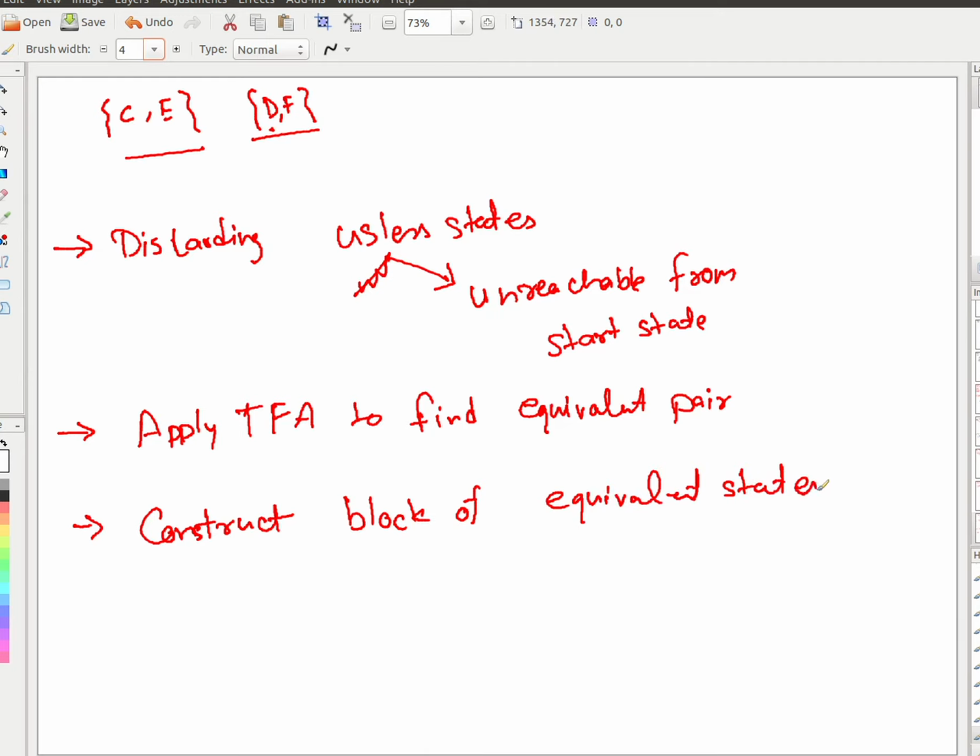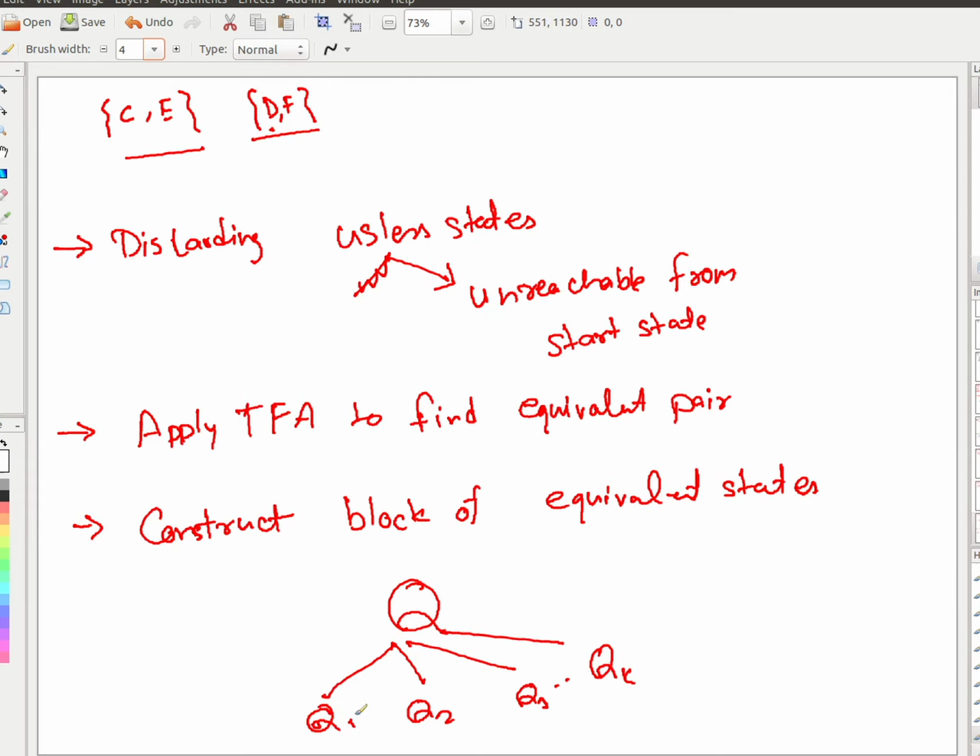What do you mean by blocks of equivalent states? It is saying that this Q is going to be partitioned into subsets Q1, Q2, Q3 and likewise, such that all the states within each are equivalent to each other, and it's a partition.